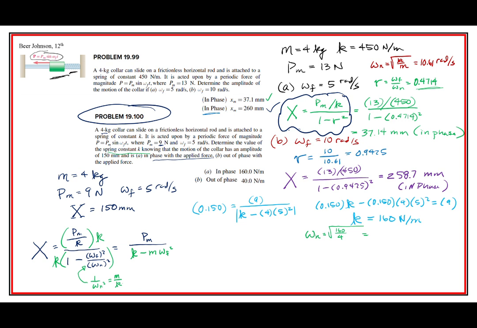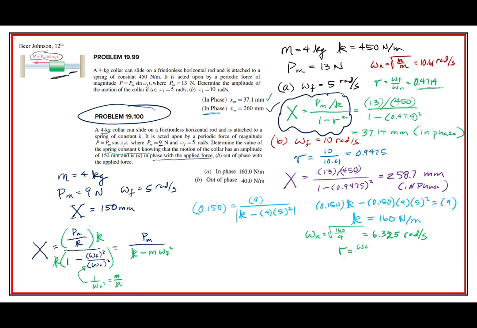So you take 160 divided by 4, take the square root, and you're going to get 6.3. Did I do that right? 6.325 radians per second.